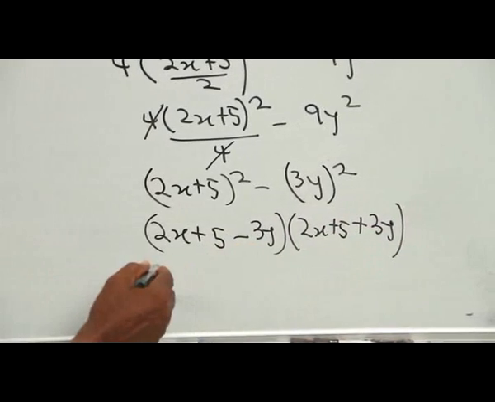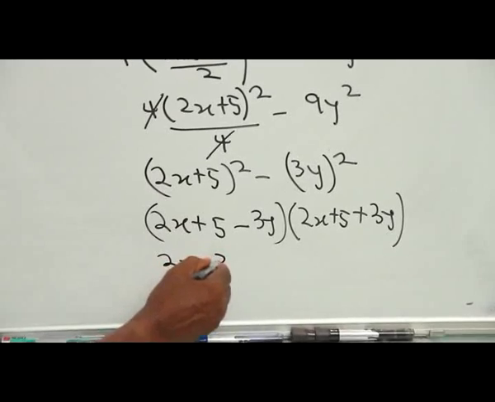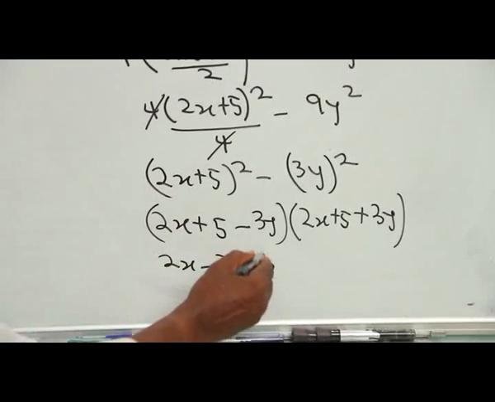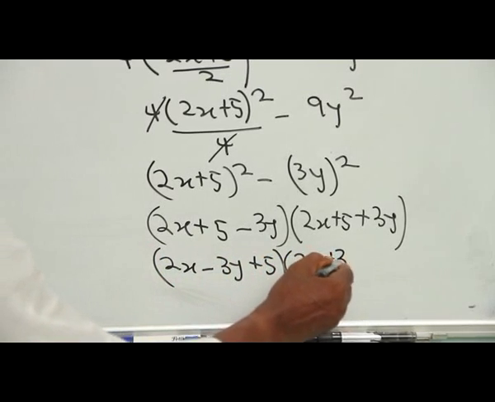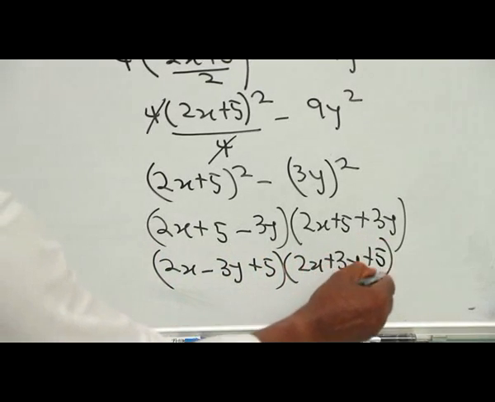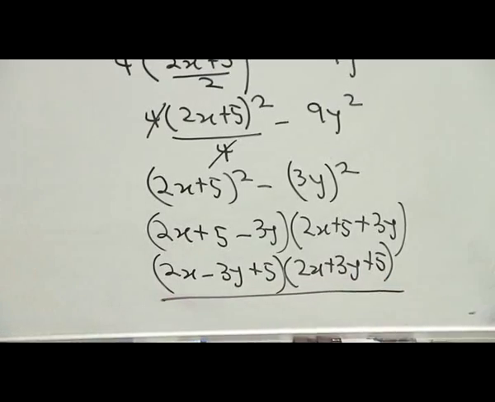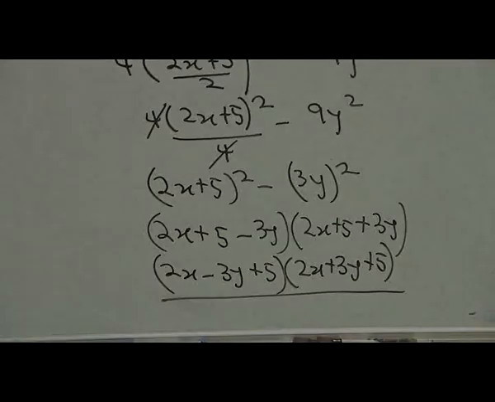You can rearrange this to have (2s minus 3y plus 5) and (2s plus 3y plus 5). And this is the factorization of that expression.